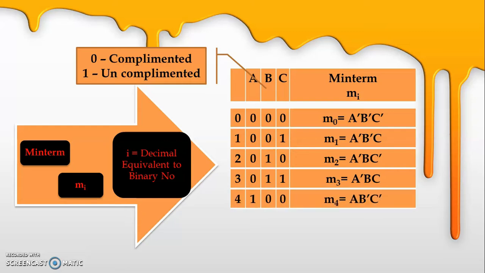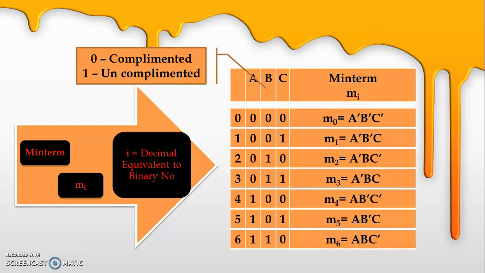1 0 0 is M4, a b bar c bar. 1 0 1, that is 5, M5 is equal to a b bar c. 1 1 0 is M6, a b c bar. And last we have the 1 1 1 condition, and decimal equivalent is 7.